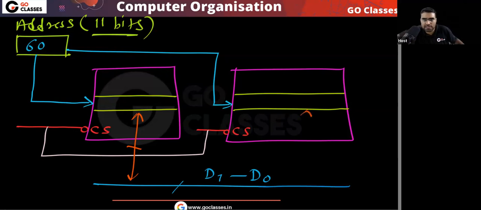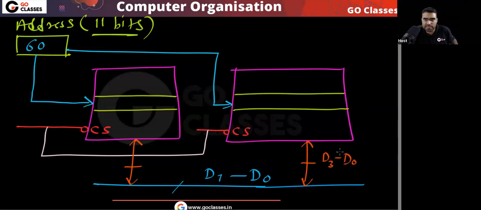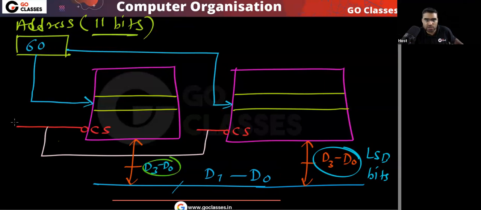So these data lines will work as LSB bits, and these data lines D3 to D0 will work as MSB.